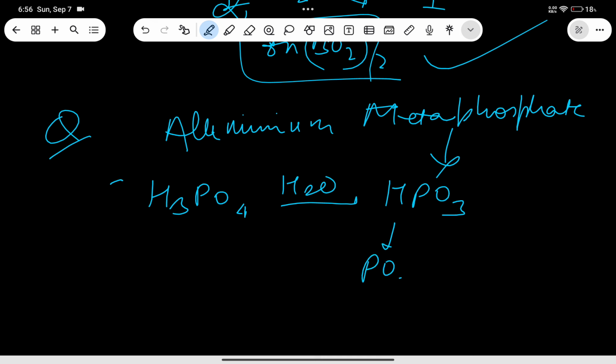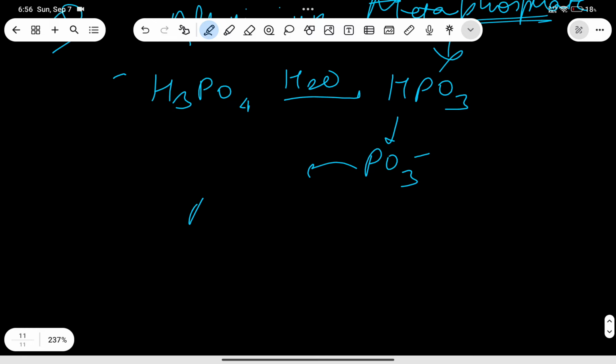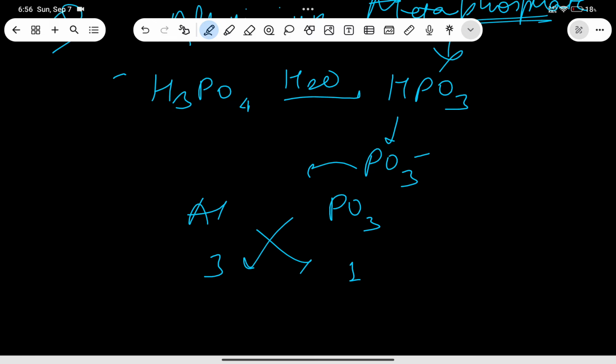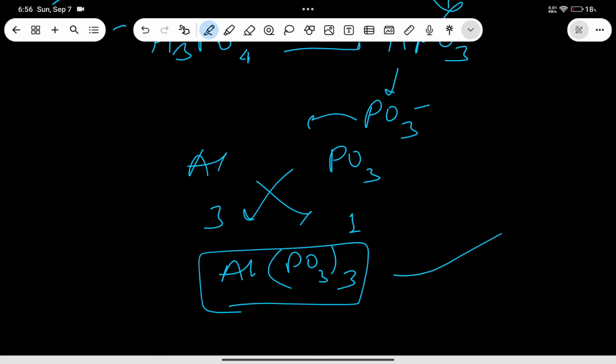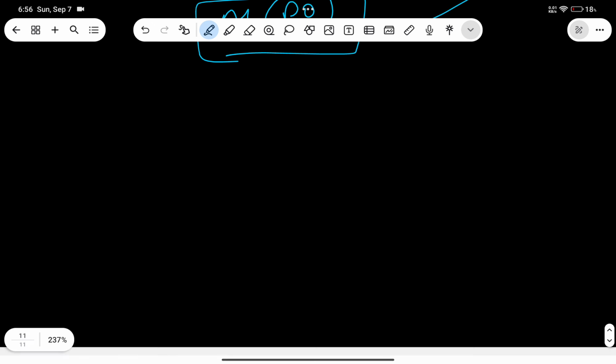So it will be PO3 minus, and PO3 minus will be the metaphosphate. So this is what we need. Aluminium 3 plus, PO3 minus 1, so crisscross, and you'll have Al(PO3)3.